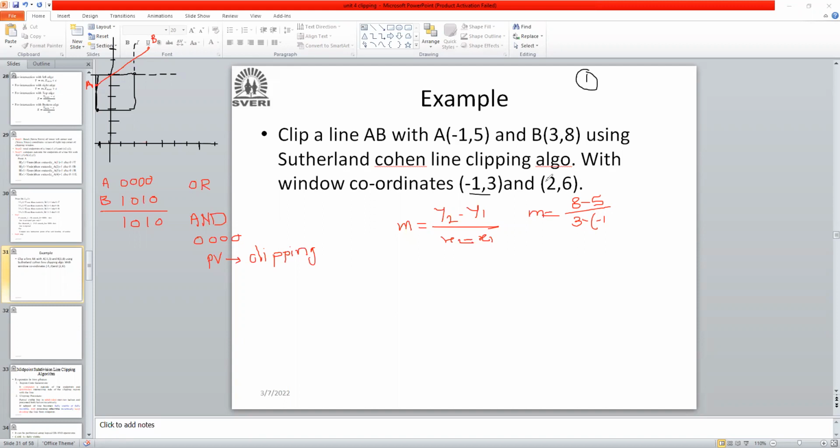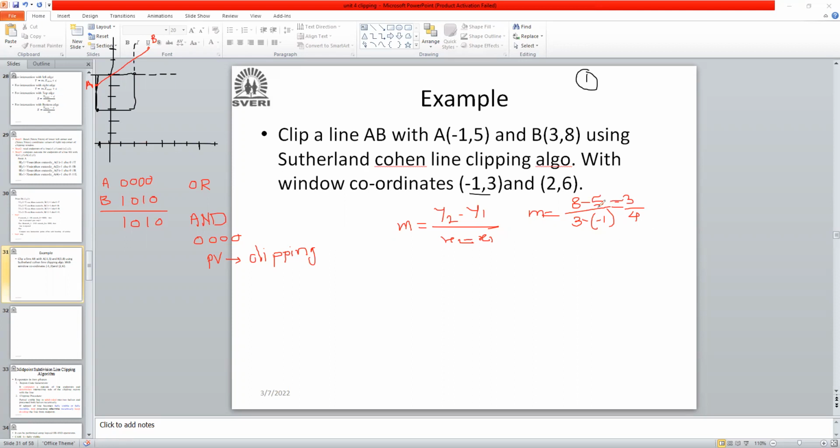This is x2 minus x1, right? Okay, so I'm getting 8 minus 5, 3 divided by 4. All of you are getting up to this?